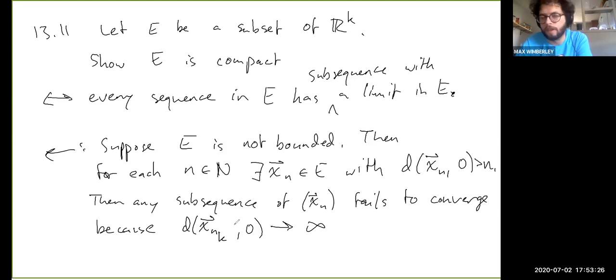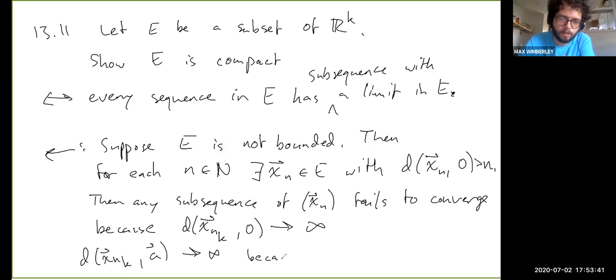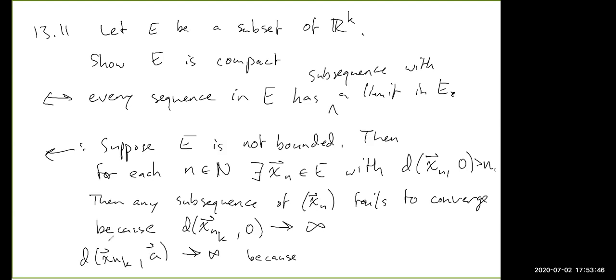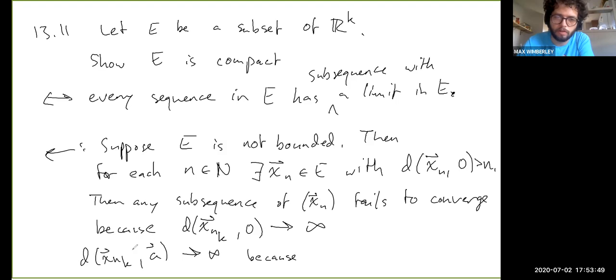And if you want to be super careful about this, you can say the distance from xn k to any point, call it a, goes to infinity, because you can do a triangle inequality to show that if the distance from xnk to 0 goes to infinity, then the distance from xnk to any fixed point eventually goes to infinity.